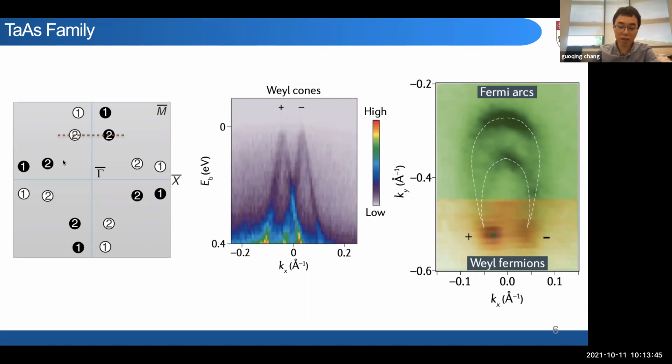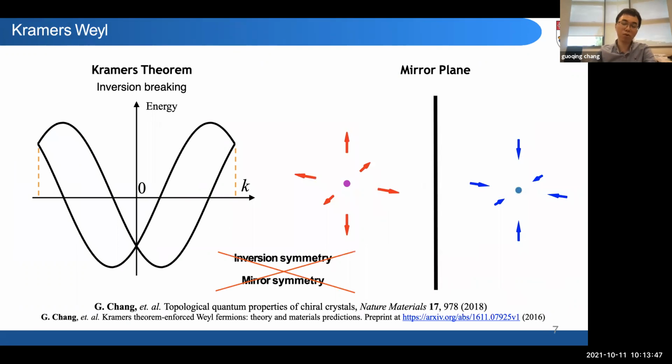So the first thing that comes to my mind is Kramers' theorem. According to Kramers' theorem, if you have a system which is non-magnetic, with preserved time reversal symmetry, all the time reversal invariant points are supposed to be at least twofold degenerate.